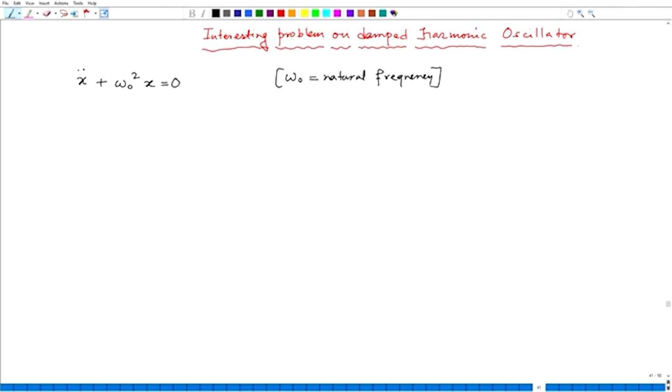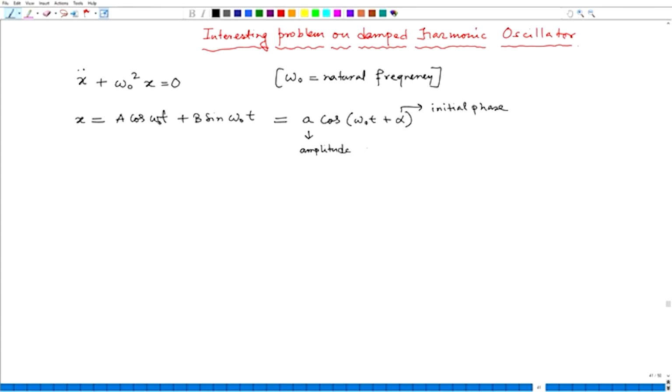We have also assumed that the solution of the undisturbed, freely oscillating oscillator is given by some A cos omega 0 t plus B sin omega 0 t, and then we have said that we can also write it in a compact form like this: A cos(omega 0 t plus alpha), where alpha is the initial phase or the epoch, and A is the resulting amplitude.